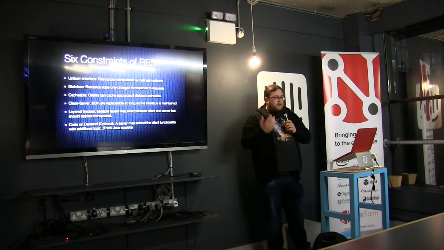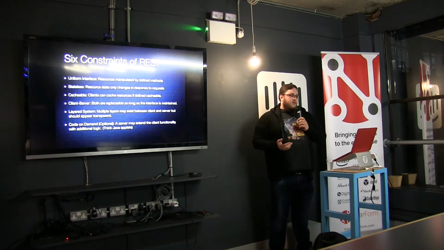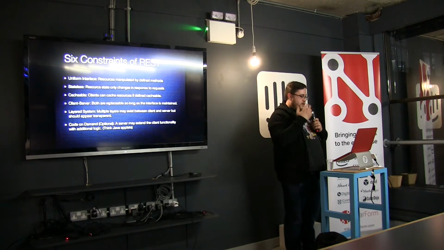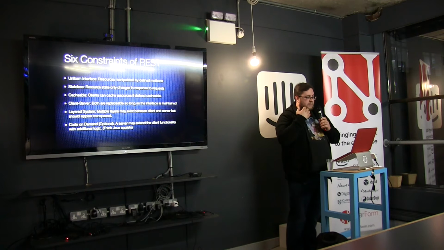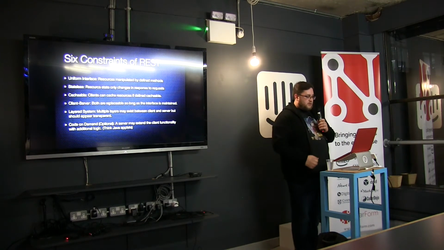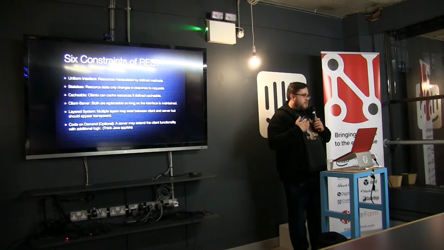In his proposal, he put forward six constraints of REST. Some of these sound a bit strange when you look through them, but when you actually read into it, they do make sense and they're more intuitive than you think. The first one, uniform interface.